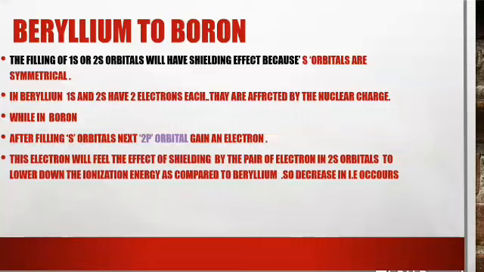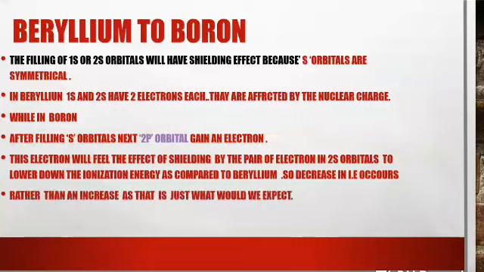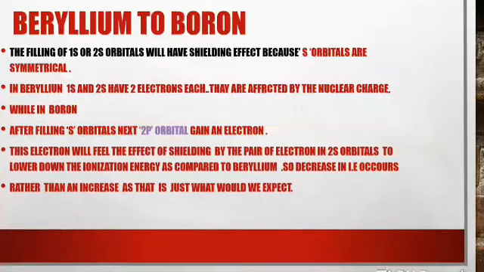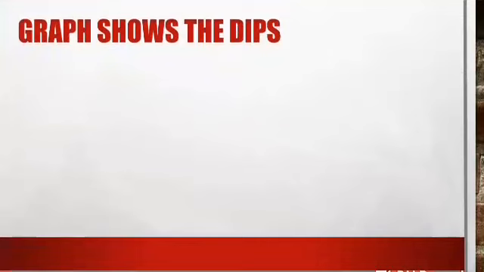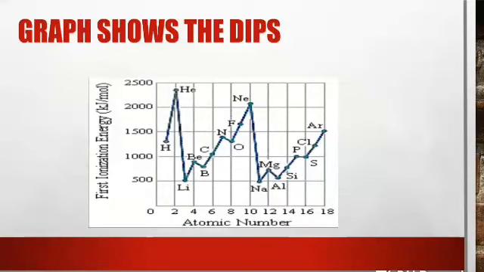So a decrease in ionization energy occurs rather than an increase, which is just what we would expect. Now look at the graph, look at the dip here again: the atomic number and their first ionization energies.